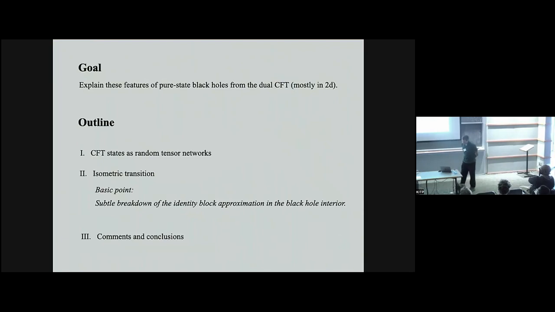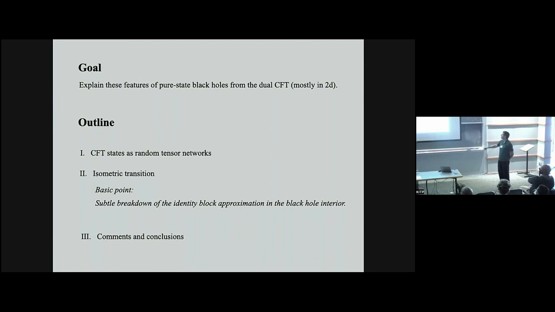So the goal is to explain these features of pure state black holes from the dual CFT. I'll mostly do this in 2D CFT, that's where all the explicit calculations are, but I'll come back at the end with some comments on the general story that could apply in higher dimensions. I'll start by discussing why or when you can think of CFT states as random tensor networks.